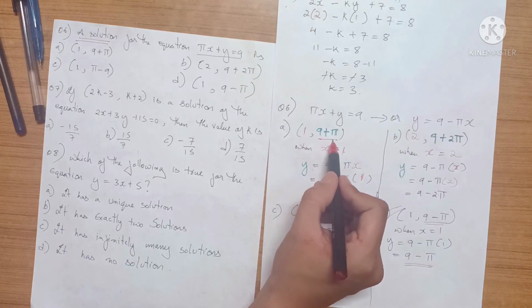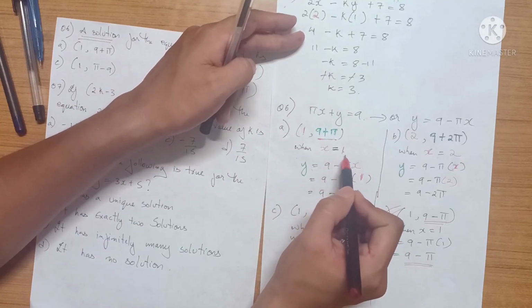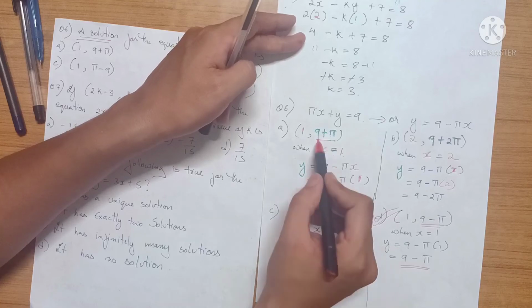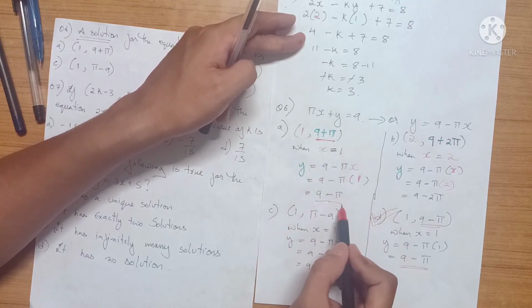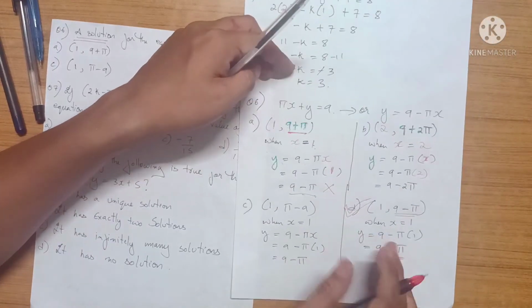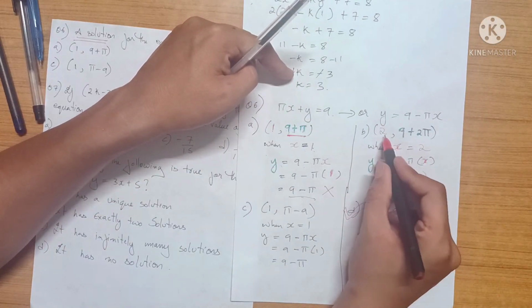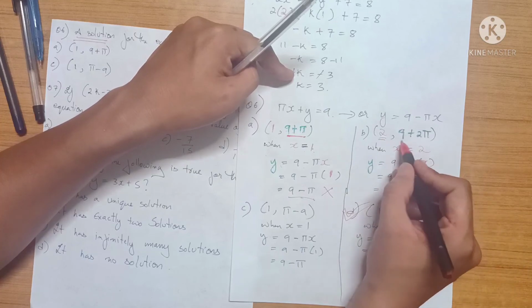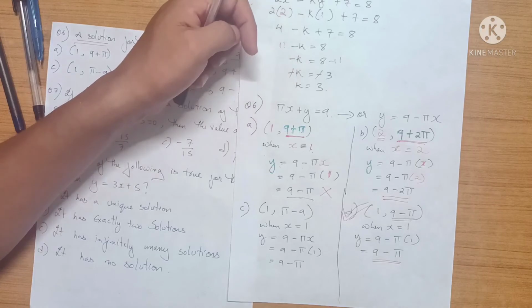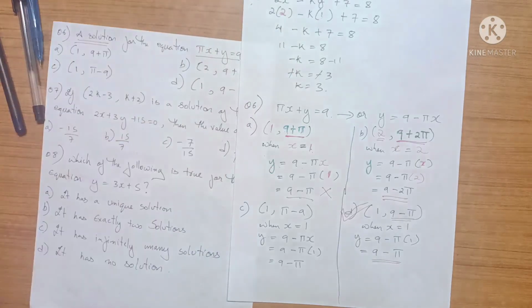When I put x equal to 1, the y after we calculate is not coming out to be this. See, this 9 plus pi, this 9 minus pi. So this is not a solution. Same case with this: when you put x as 2, we're getting y as 9 minus 2 pi, but we have to get 9 plus 2 pi. So that is also not a solution.